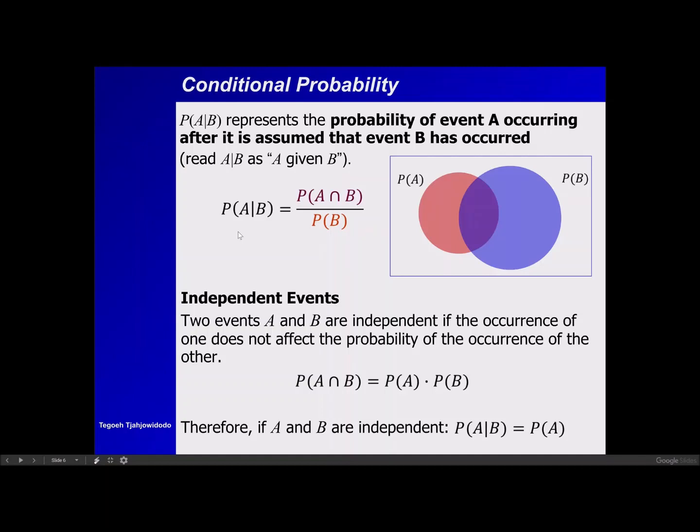When we have independent events, the probability of event A and event B occurring together will be simply the probability of event A times the probability of event B. So when we have a mutually exclusive case or independent events, the probability of event A given event B will be simply equal to the probability of event A. Okay.